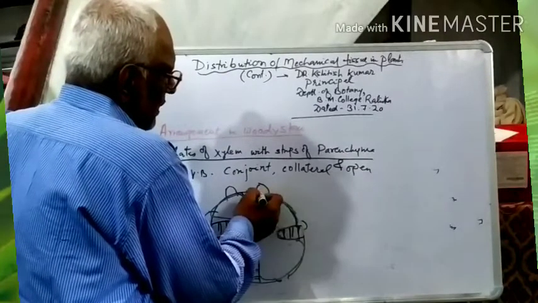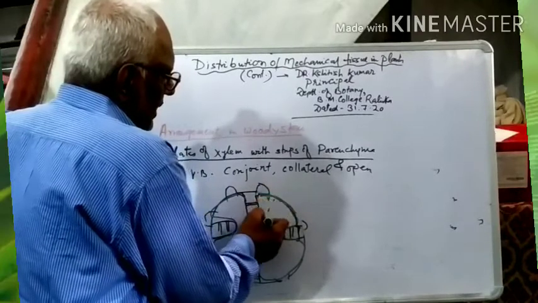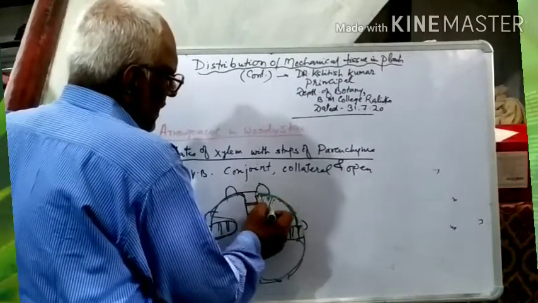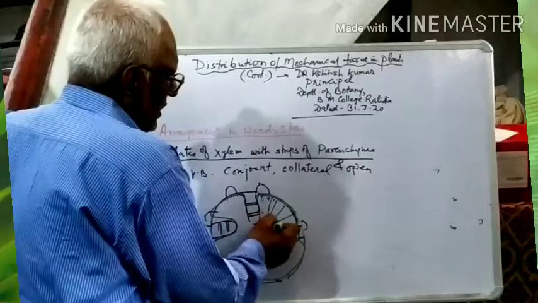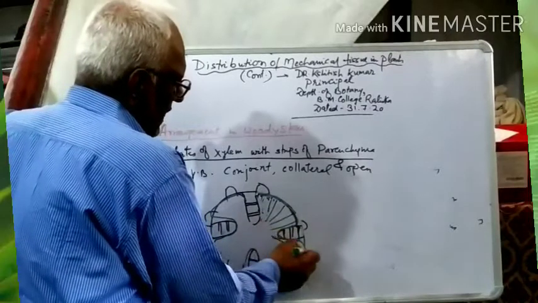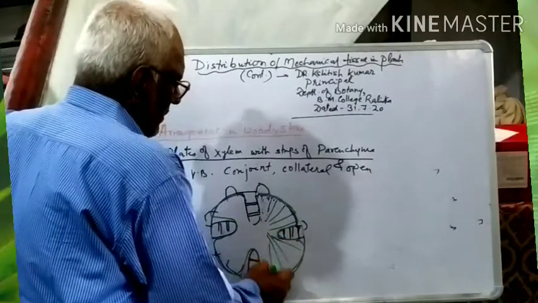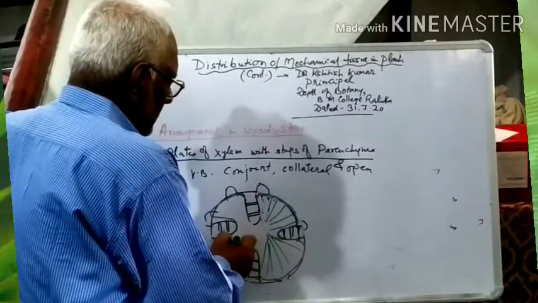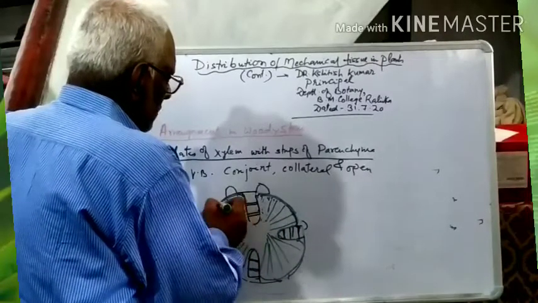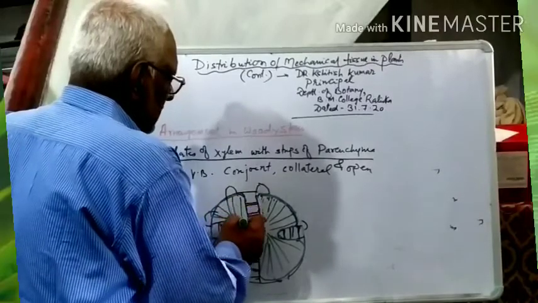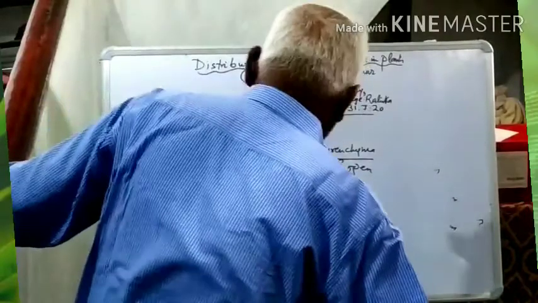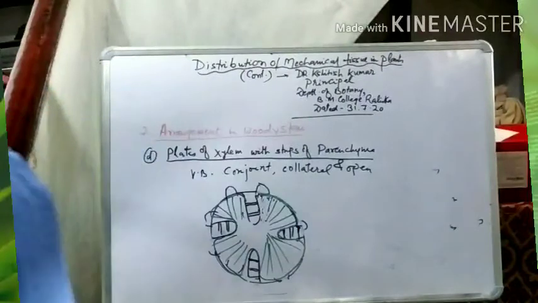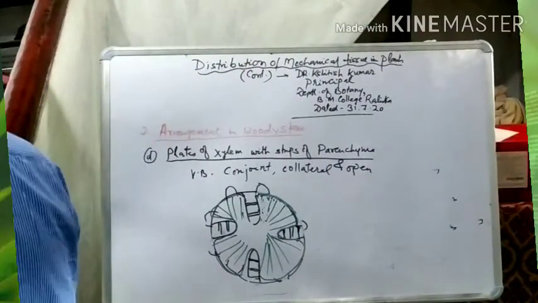and hence in between the xylem there are rows of parenchymatous cells. So here this is the xylem and this is the row of parenchymatous cells.